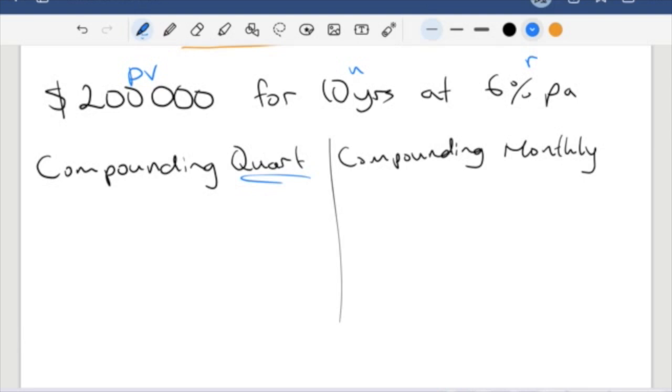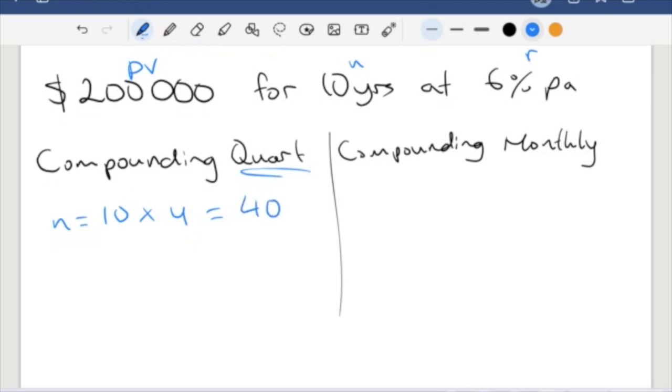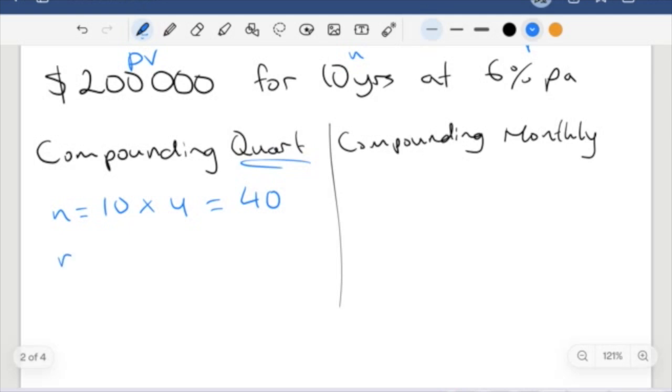So what that means is the number of compounding periods are going to change from 10 to 10 times 4, because it's 4 periods every year. So that means I'm going to have 40 compounding periods by the end, and my rate, since it's 6% every year, by finding the rate of a quarter of a year, we're going to divide this by 4. So we're going to take 0.06 divided by 4.